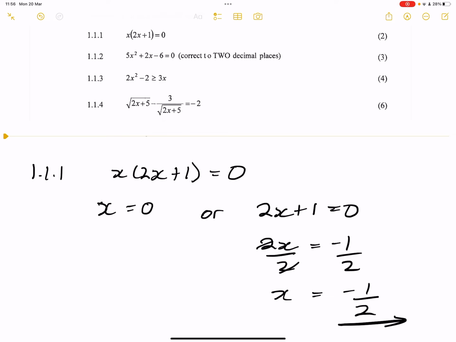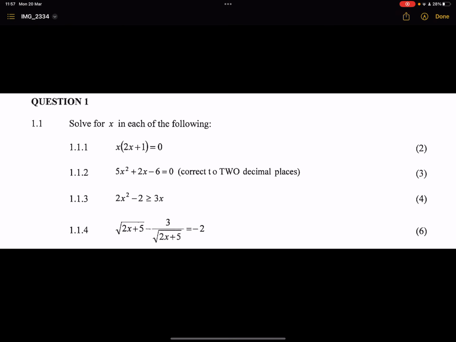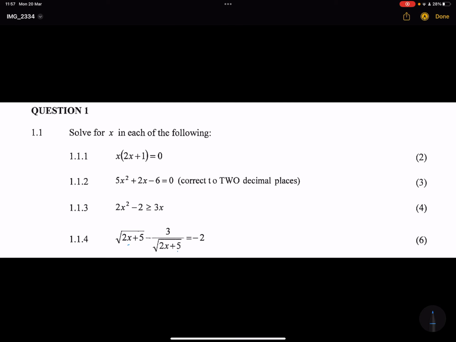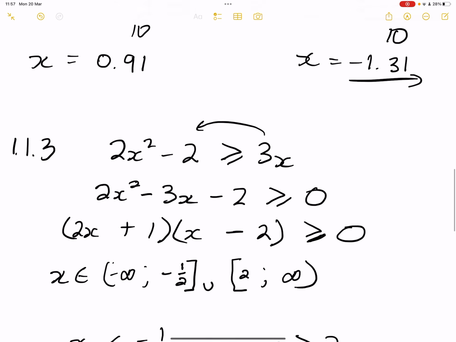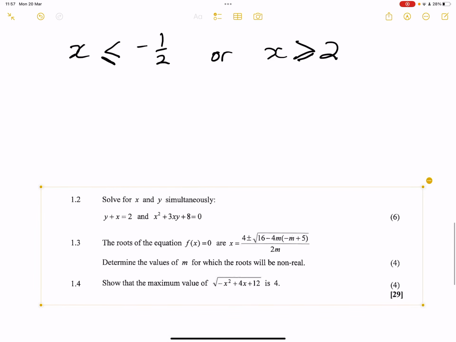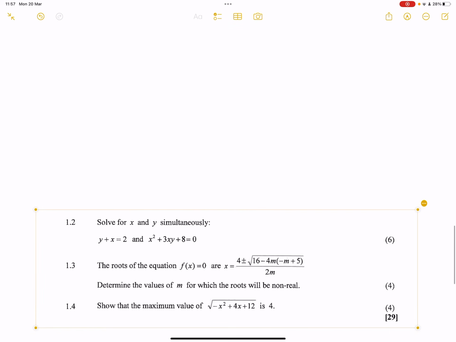Okay, so they give us something that has to do with, first of all, surds, right? But secondly, you note that we've got 2 surds that are exactly the same, the square root of 2x plus 5, okay? Right, now, again, let's just make some more space there.